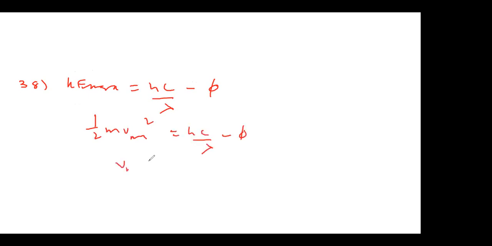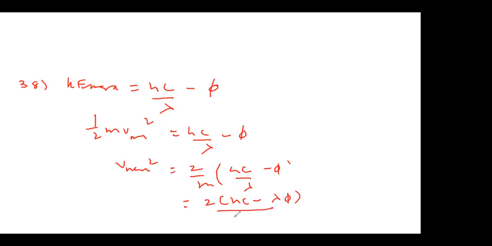So V maximum square will be 2 upon m into hc by lambda minus phi. So that equals 2 times hc minus lambda phi upon m lambda. This is V maximum square.